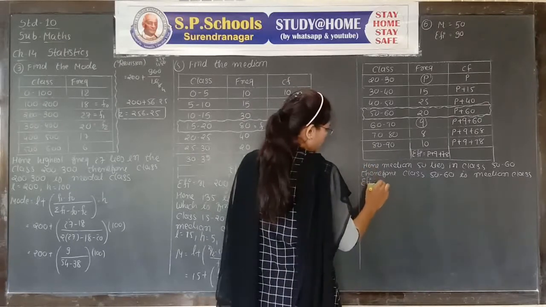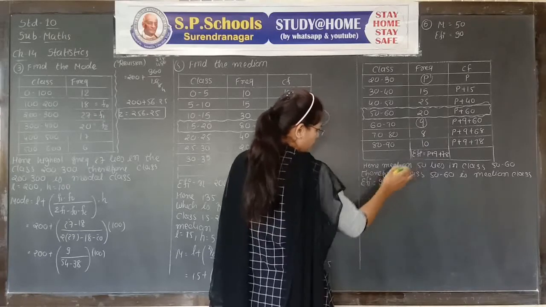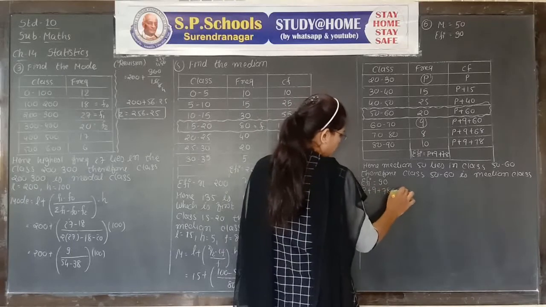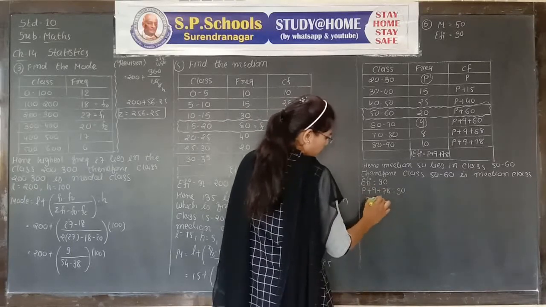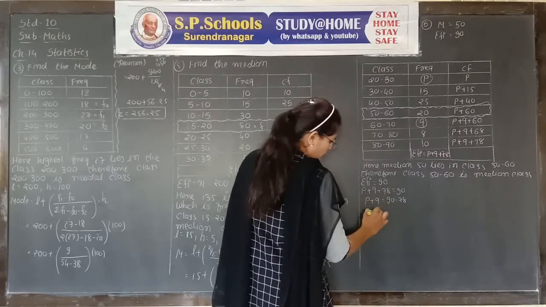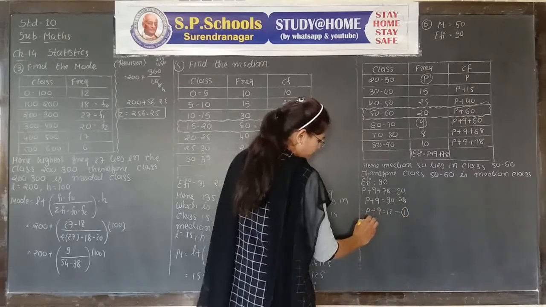First use sigma fi given in the question, which is 90. But sigma fi from the table, P plus Q plus 78, is equal to 90. Therefore, P plus Q is equal to 90 minus 78. Therefore, P plus Q is equal to 12, which is our first equation.